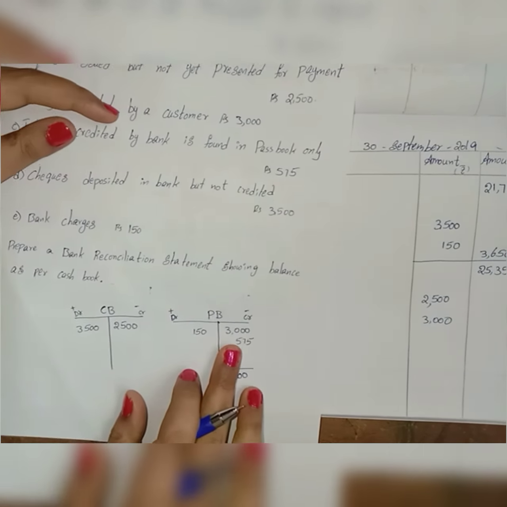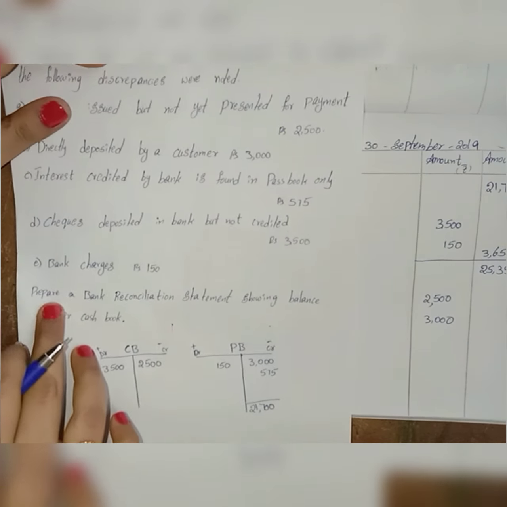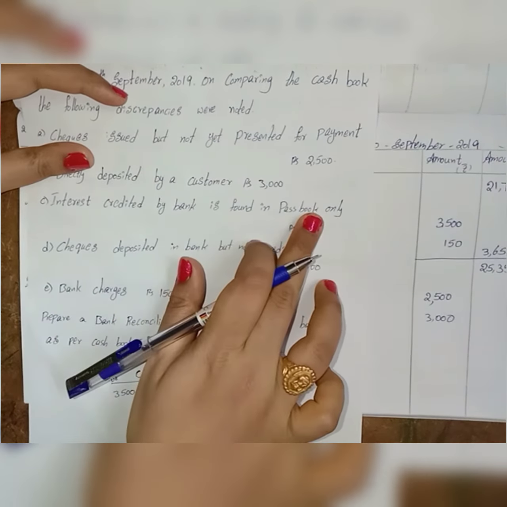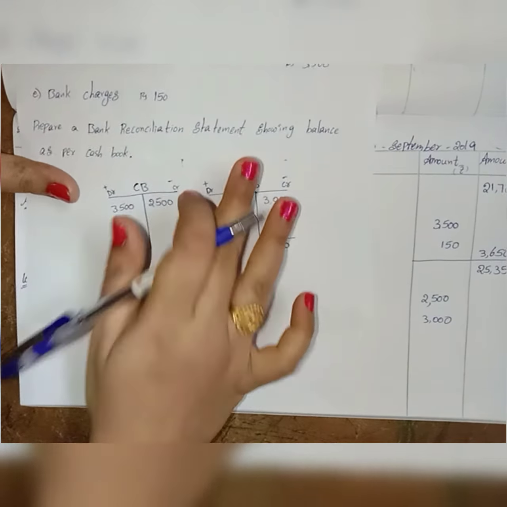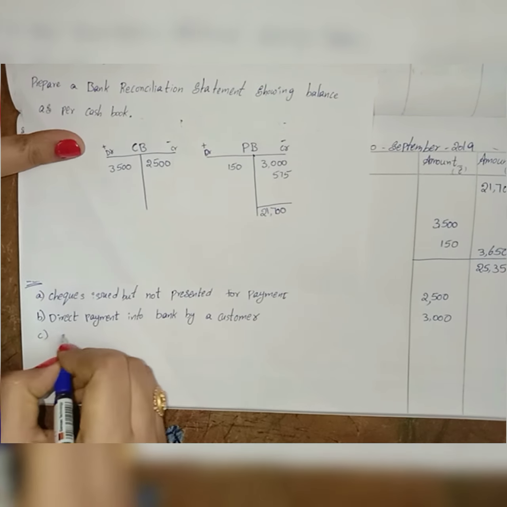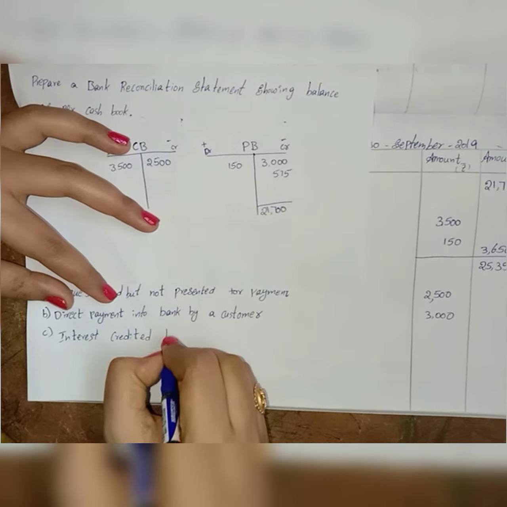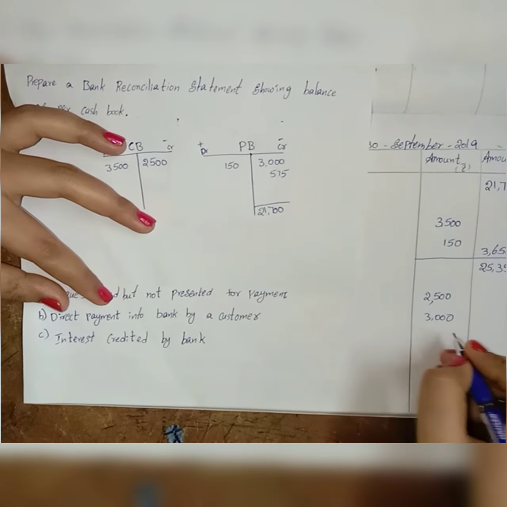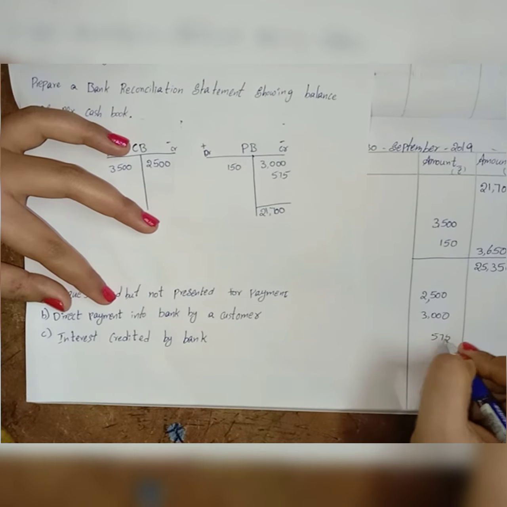And next, interest credited by bank is found in passbook only. Option C. Interest credited by bank, 575.